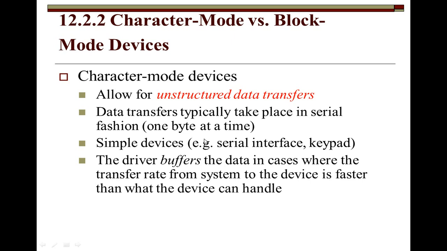But for unstructured data, there is no predefined procedure by which the data can be accessed from this memory or that memory, or transferred, or by which it needs to follow some procedure. Such a case is not allowed in this character mode.